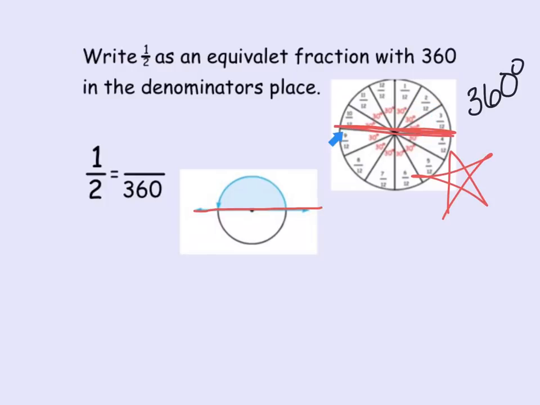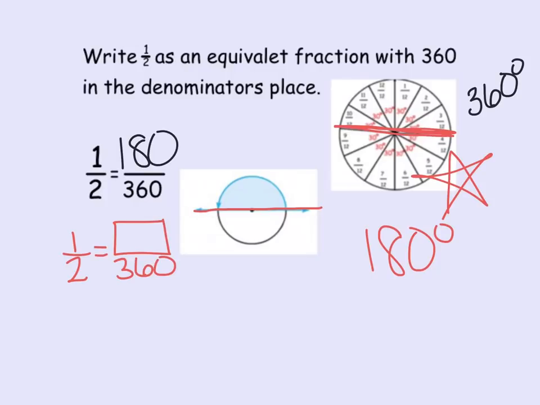So I can tell that half of a circle is 180 degrees. So I know by looking at this circle that half of 360, which is my full circle, is 180 degrees. So I can go ahead and fill in our missing numerator.